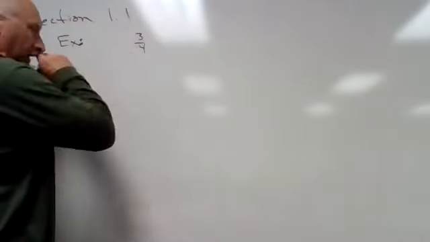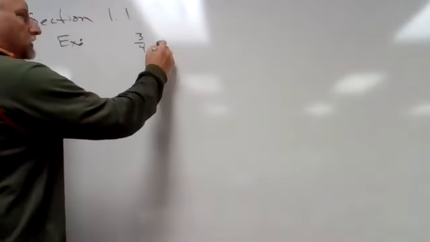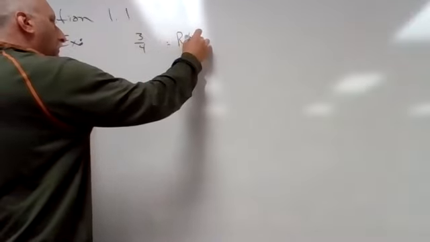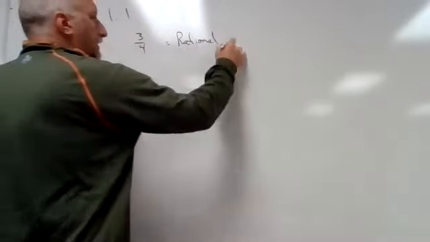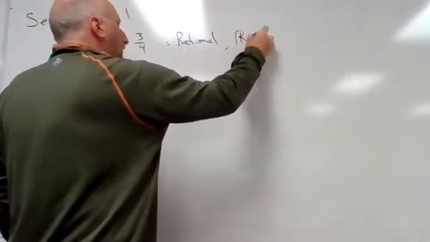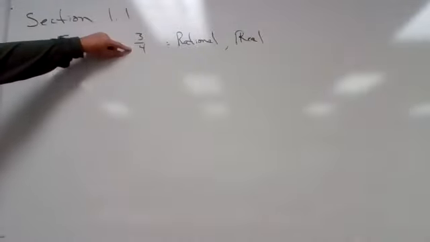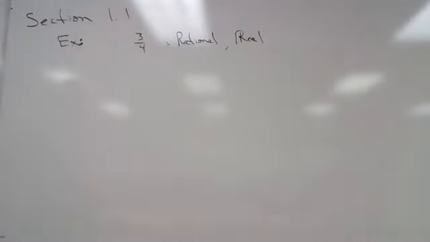Well, you're going to go back to your list and say, oh, that's a fraction, and that's 0.75. So this is a rational number. And if it's rational, it's also a real number. Is 3/4 an integer? Well, no, because it's a fraction.